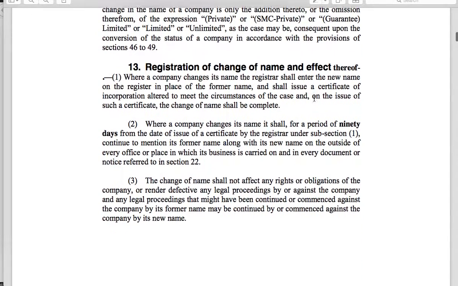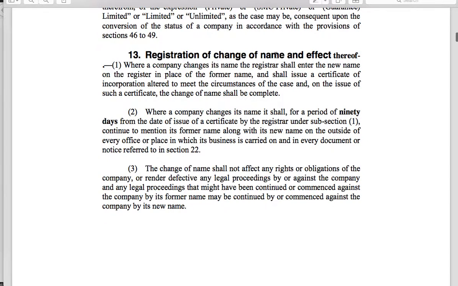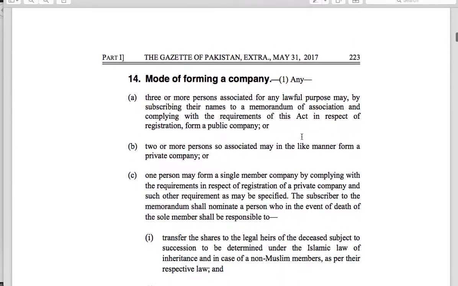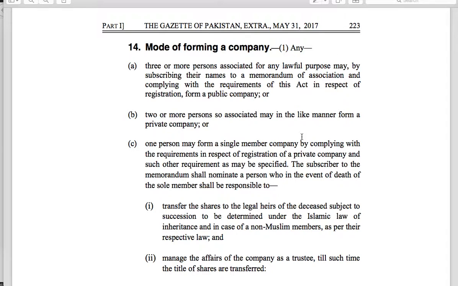Now once there is a name change, obviously there are things that have to be changed, like the memorandum and the certificate of incorporation. So all these documents have to be changed, and there is a time limit which normally the SECP follows, and in a very professional way they give you all the amended, modified documents.